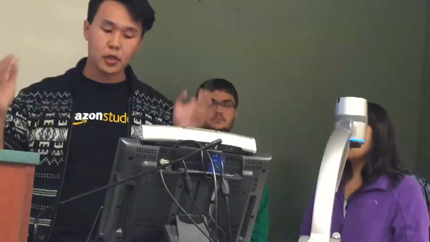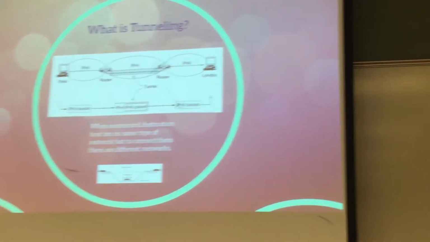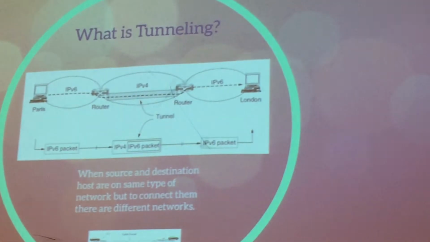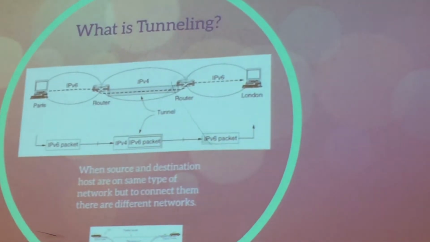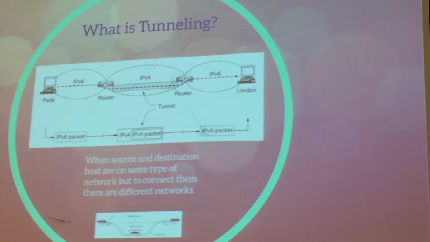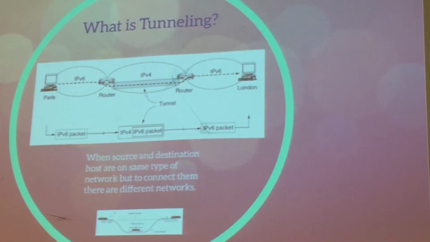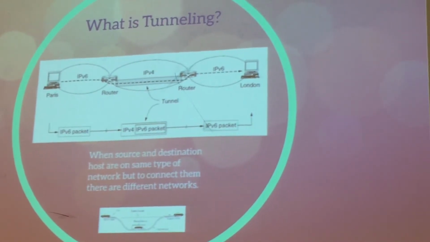Those networks are connected through a different network, which is IP version 4. If I want to send a packet from Paris to London, the IP version 6 packet goes into the IP version 4 network, but IP version 4 doesn't do anything with IP version 6 packets. Instead, it just encapsulates that packet and sends it to the other router. At the end, the IP version 6 router gets that and just sends the IP version 6 packet to the London network.